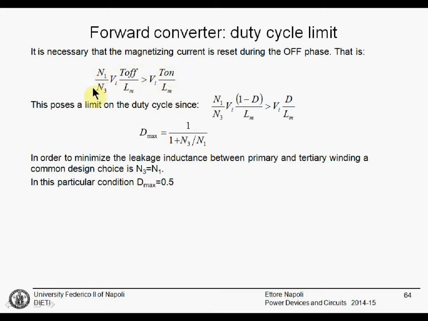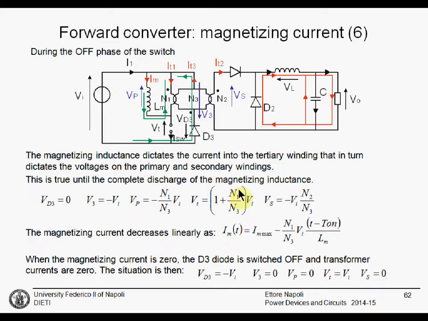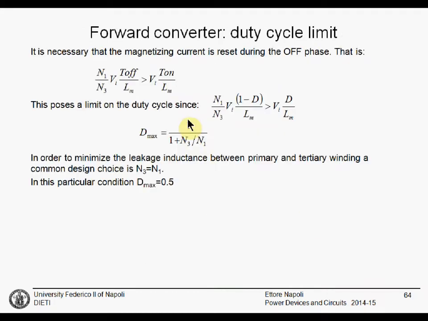This is the maximum discharge that we can get, because the discharge rate is proportional to N1 divided by N3 multiplied by Vi over Lm. The maximum discharge that we can get is N1 divided by N3 multiplied by Vi divided by Lm multiplied by the off time. This is the maximum discharge, and this must be larger than the maximum charge, given by the charging rate of the magnetizing inductance.